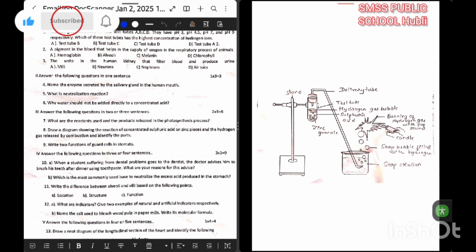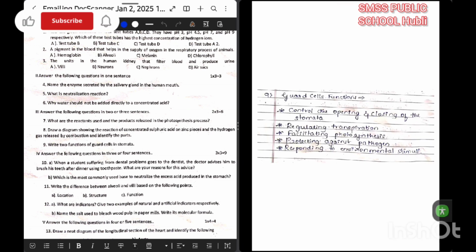And let's move to the ninth question, that is write the two functions of the guard cells in the stomata. You know that stomata play a vital role in transpiration, exchange of gases and all. So here the guard cell function, this controls the opening and the closing of the stomata.